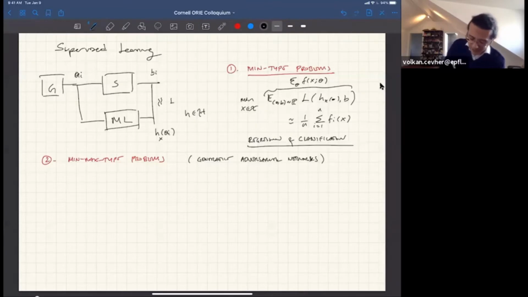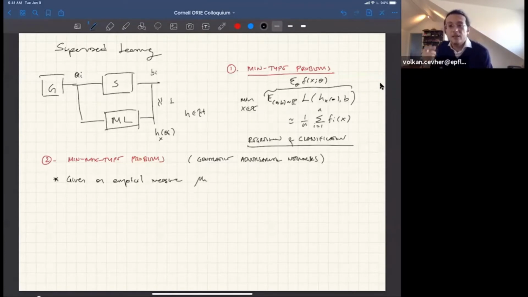So given an empirical measure mu_n, where n is the number of samples, what we would like to do is learn a density. The classical way to do this in statistics is to assume a parametric density and then try to learn the parameters of this density.